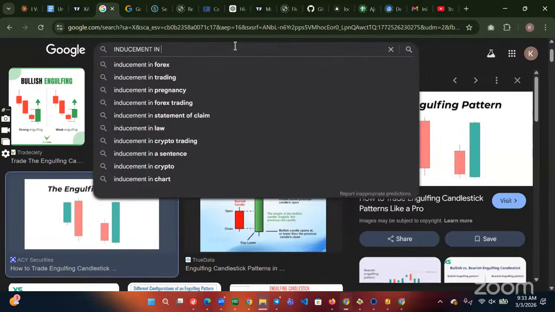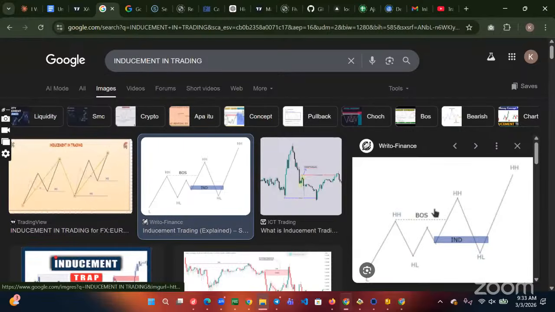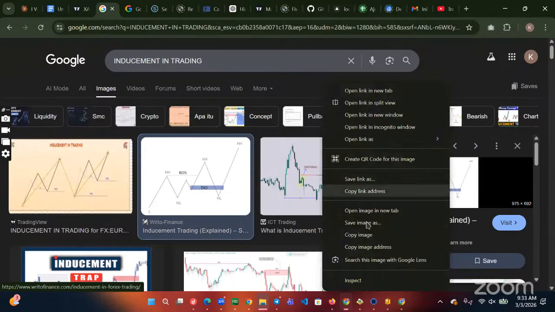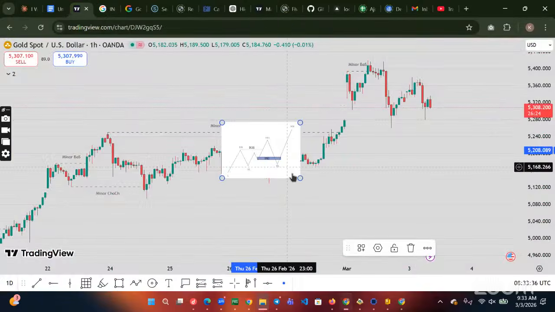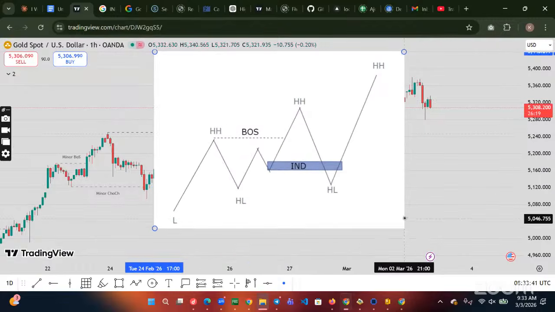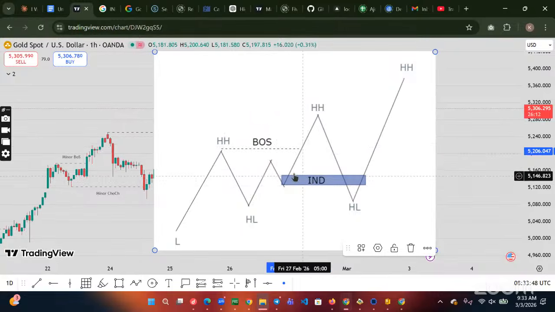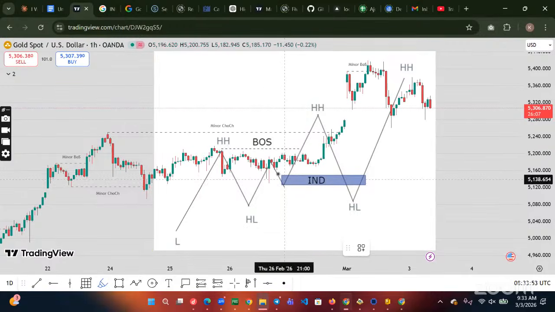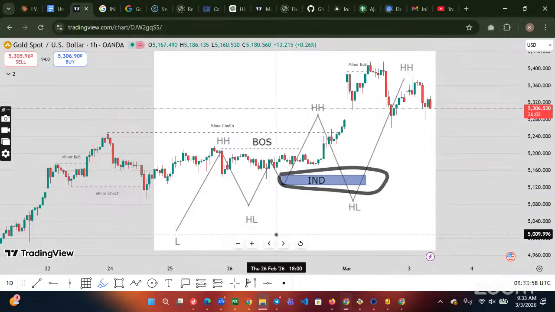Inducement in trading. Let me see. All right, so I think this was perfectly highlighted. All right, so you can see this, right? You have a clear break of structure. And then, all of a sudden, this is a key level which you expect that the market should respect.